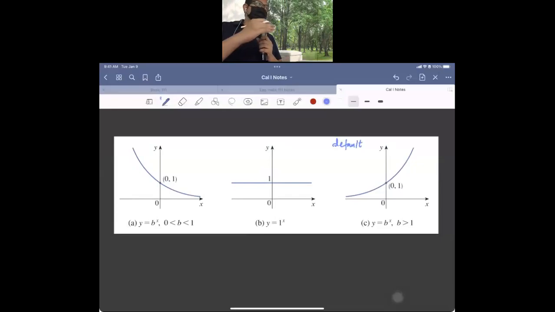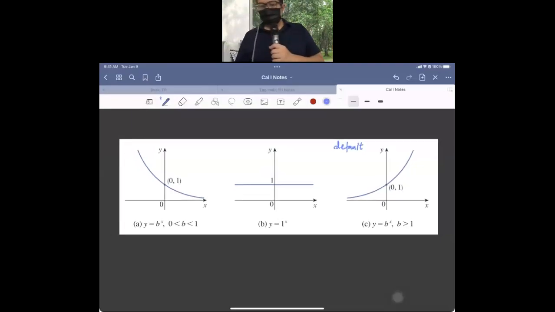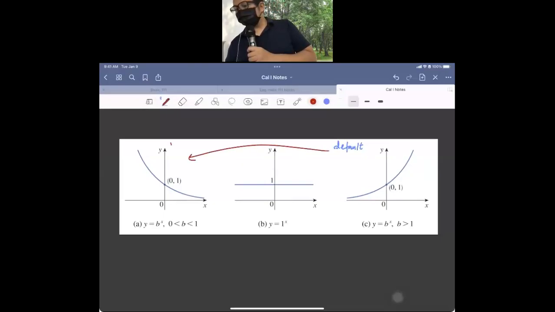The b is positive, or the b is from 0 to 1, rational but less than 1. Okay. So then this is the mirror.